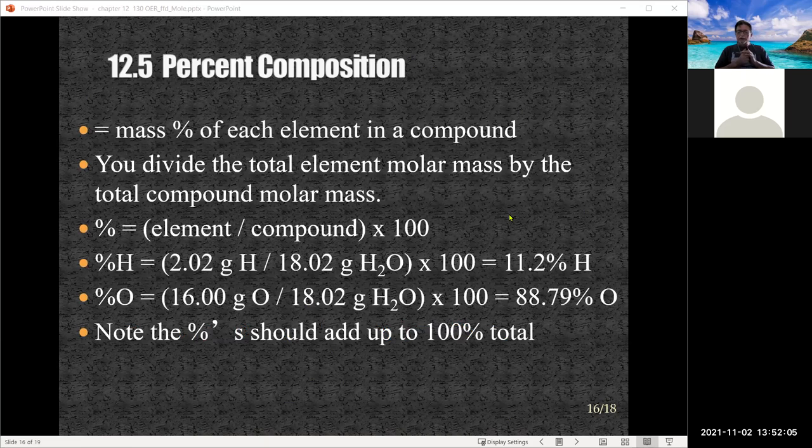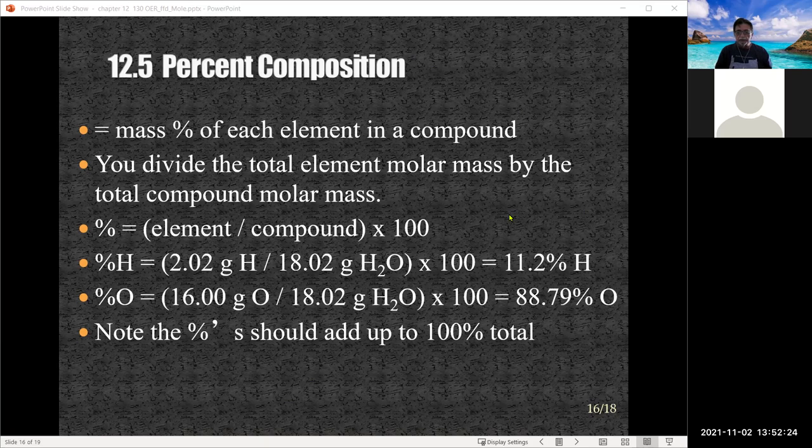Earlier, in calculating the molar mass, I did mention this, but we're going to talk about it in a little more detail. It's called the percent composition. You already know how to calculate the molar mass, right? We add up all the atoms involved in the compound. Now, what we do is real straightforward.